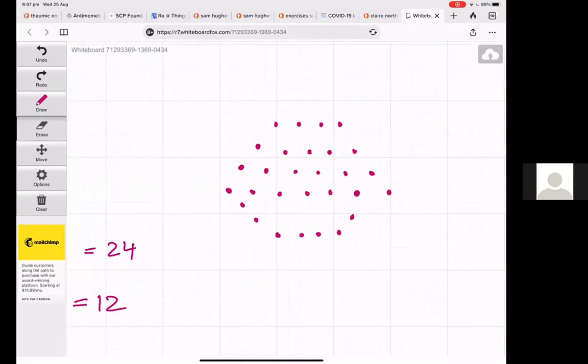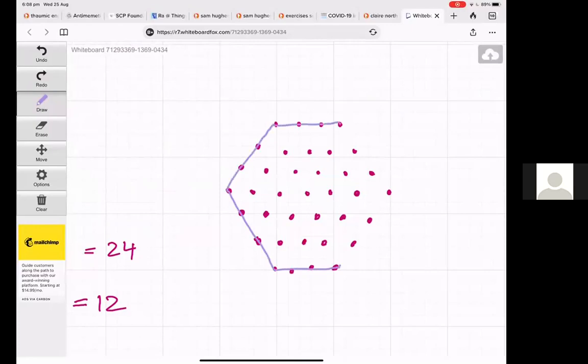Okay, I'm going to fix this hexagon thing that I drew incorrectly. So yeah, it was something like this. You did the outside one, and for the outside one, what is n equal to in the outside hexagon?